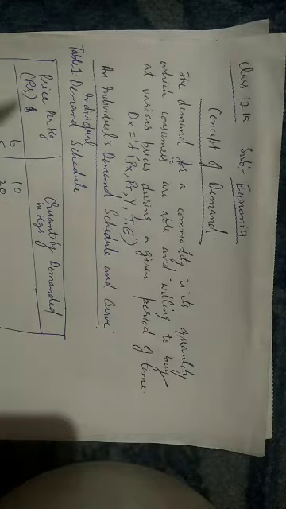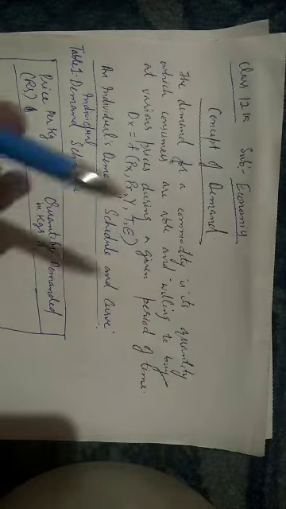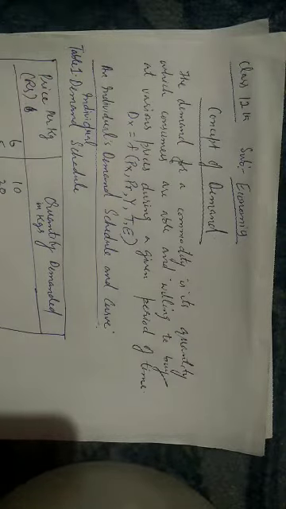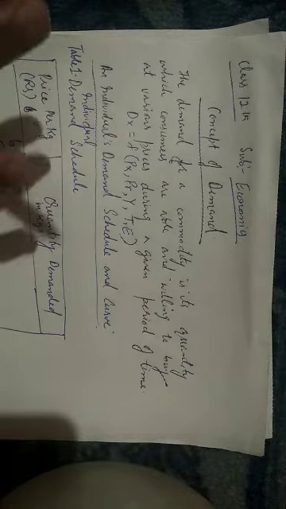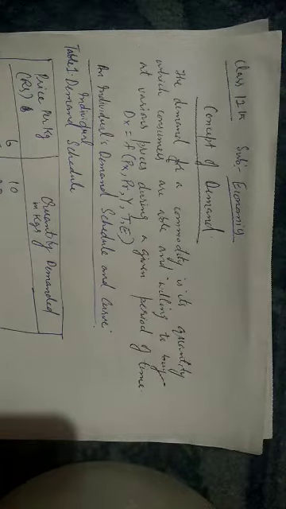Right? Now, before we start with the individual demand schedule and individual demand curve, you must know the difference between demand and desire. You see, in economics, demand has a distinct meaning. Suppose you desire to have a mobile phone, but you do not have enough money to buy it.